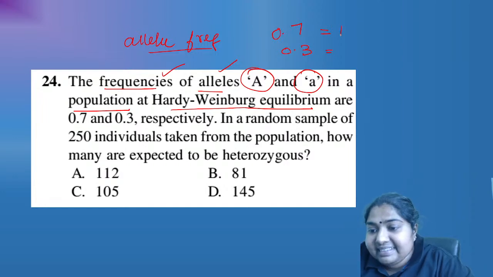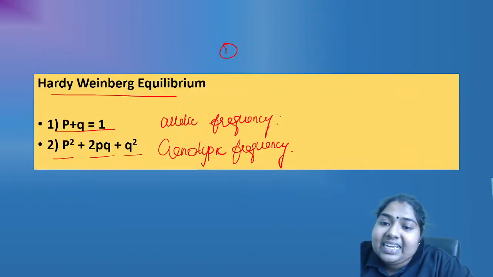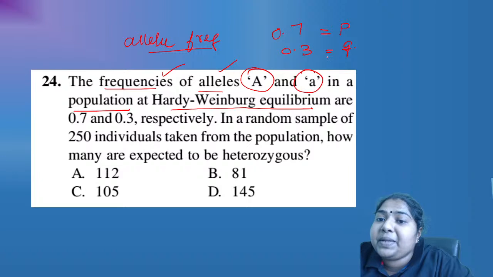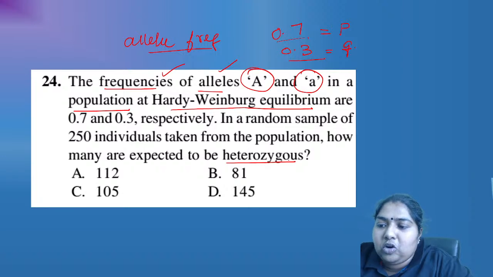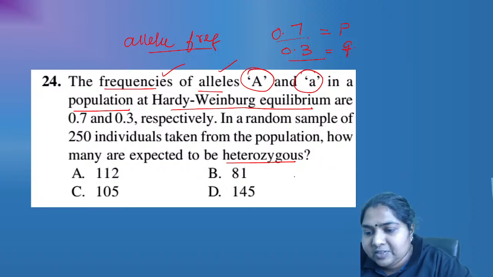Yes, exactly. This is going to be p and q, because it is for your allelic frequency. So p is 0.7, q is 0.3. Now, how many are heterozygotes? It is going to be 2 into p into q.